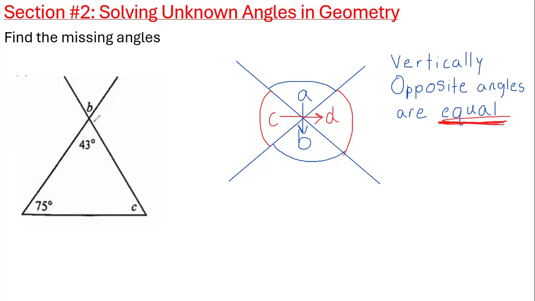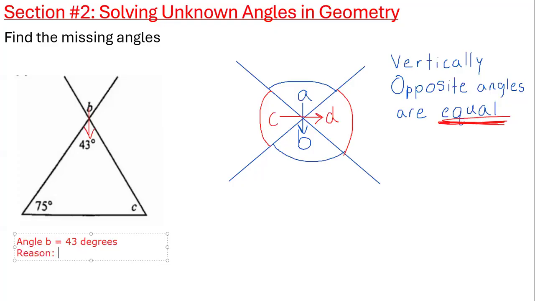So if we look at B and 43, they are what? Vertically opposite angles. So that means that we say angle B equals 43 degrees. And the reason? Due to vertically opposite angles.